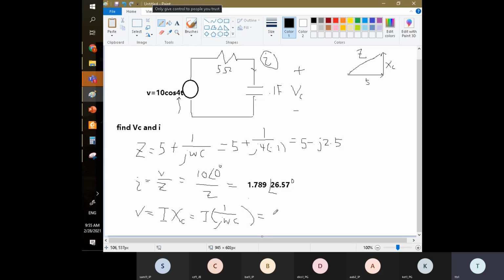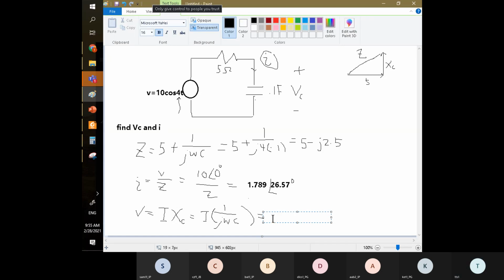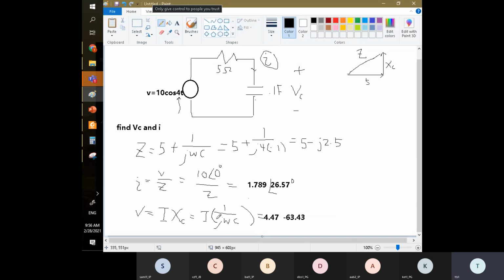The answer for V, I give to you, is 4.47 at a degree of minus 63.43. You get a negative degree because there is a minus here.